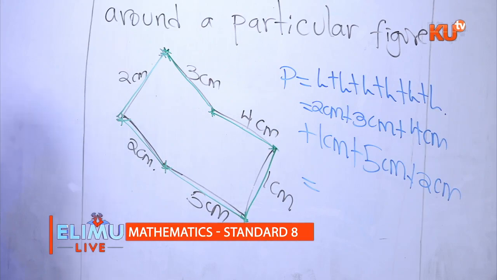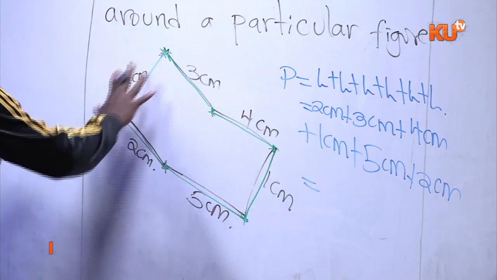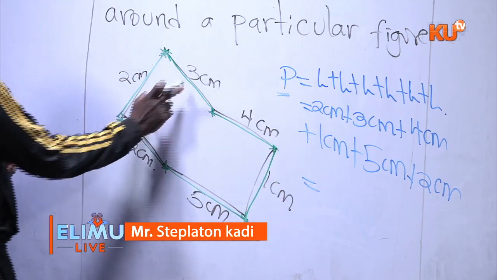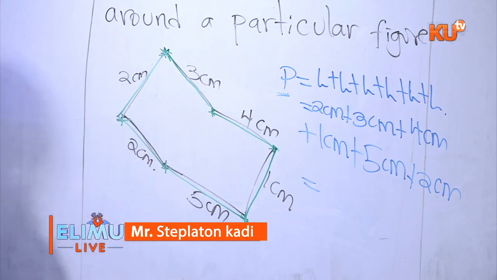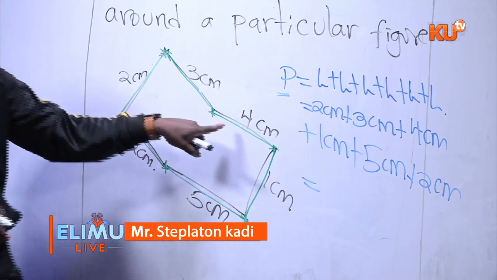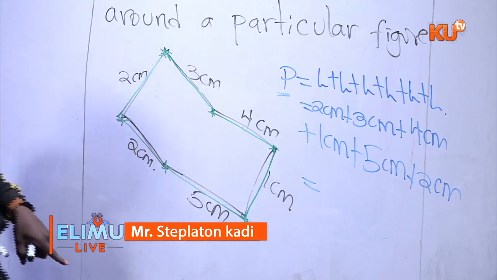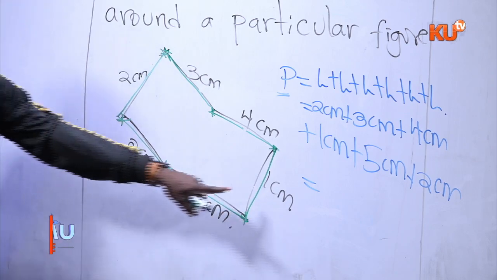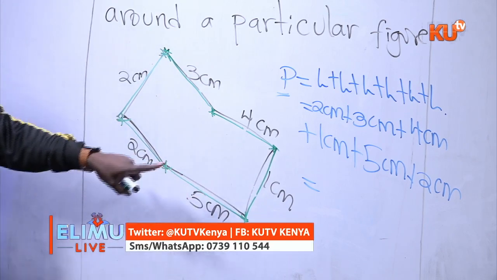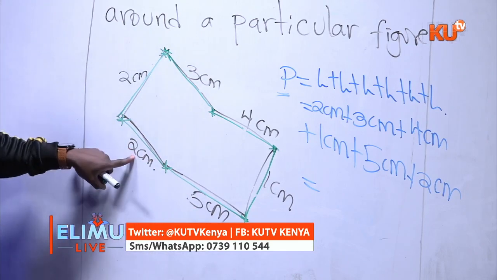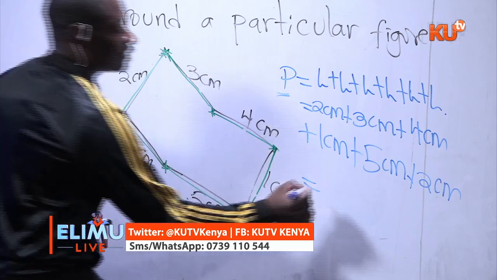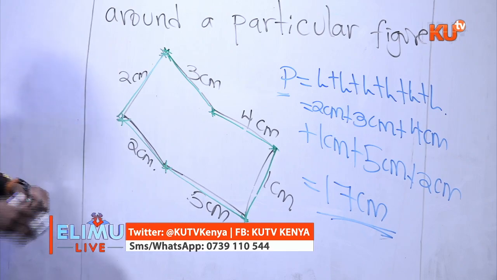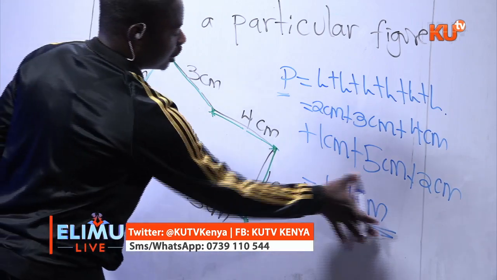That will give me the perimeter, the distance that is covered, which is given the letter P. So 2 centimeters plus 3 centimeters gives you 5 centimeters. 5 centimeters plus 4 centimeters gives you 9 centimeters. 9 centimeters plus 1 centimeter is 10 centimeters. 10 centimeters plus 5 centimeters is 15 centimeters. Then 15 centimeters plus 2 centimeters is 17 centimeters. So the perimeter of this irregular figure that I've drawn is 17 centimeters.